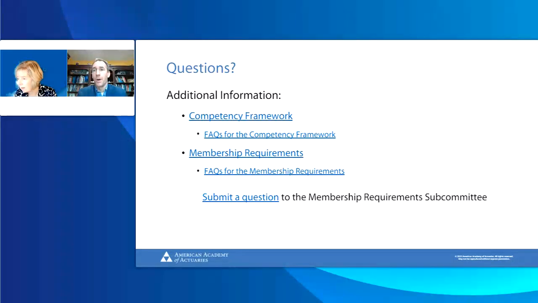Yeah, I do want to underscore that, because we did talk about college, which I think does not meet what we intend in the idea of responsible actuarial experience. But if you are working as an intern, and as an intern you are doing the same thing that you would be doing in your first year after graduating college, I think that probably is responsible actuarial experience.